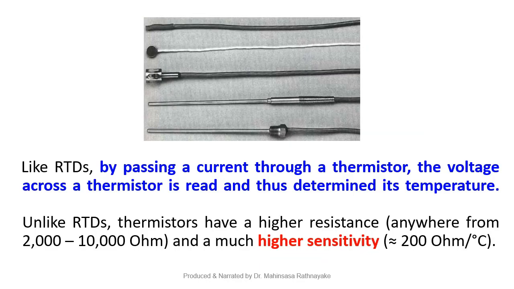In thermistors, by passing a current through it, the voltage across the thermistor is read and the temperature can be determined. Thermistors also have a higher sensitivity and higher resistance, so they can be used well for temperature measurement.